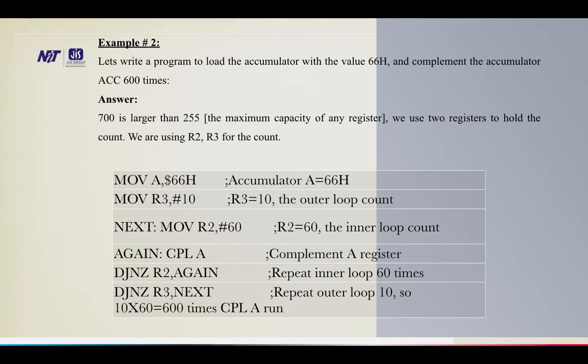Then AGAIN: CPL A, complement register A. DJNZ R2, AGAIN: repeat the inner loop 60 times. Then DJNZ R3, NEXT: repeat the outer loop 10 times. So 10 times 60 equals 600 times CPL runs.